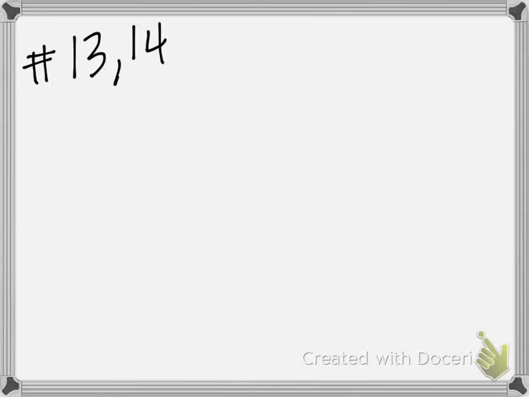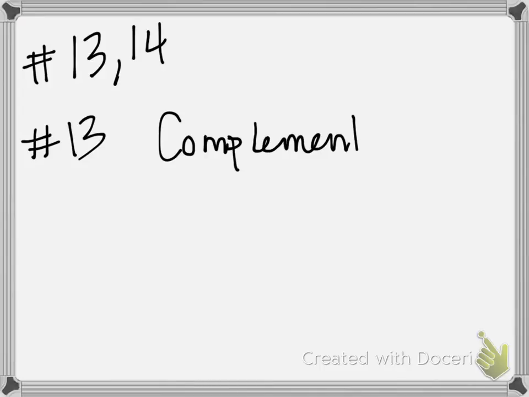Hopefully you had enough time to get those done, and done well, I should say. Let's take a look at 13. I see another red box in the corner, so therefore it's saying that they are complementary. Complementary simply means they're going to add up to 90.